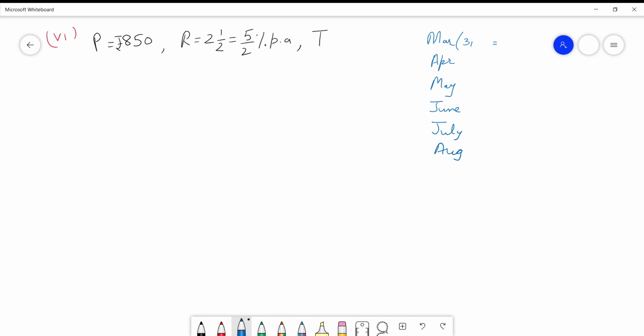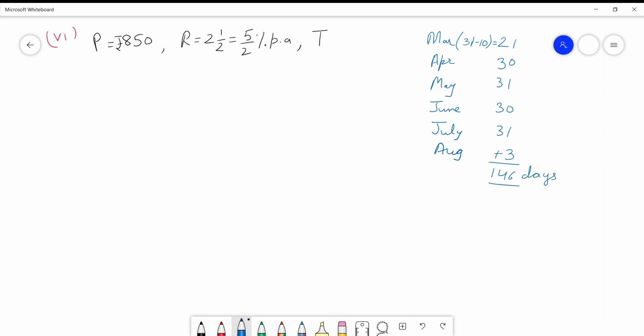March is of 31 days, subtract the 10 days from here, so the days will be 21. April 30 days, May 31, June 30, July 31 and August 3. When we add, we will get 146 days again.